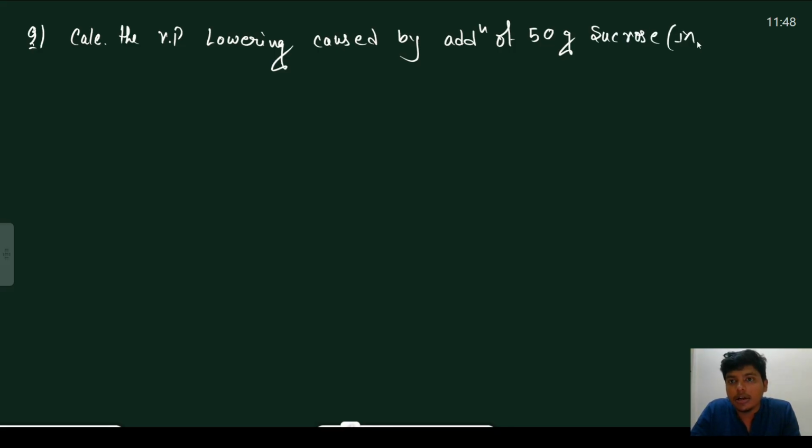Sucrose molecular weight is 342. Okay, 50 gram of sucrose to 500 gram of water.